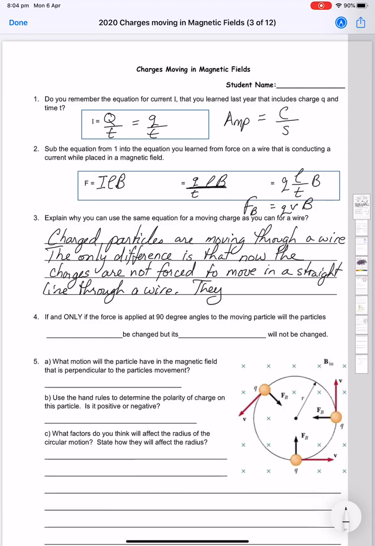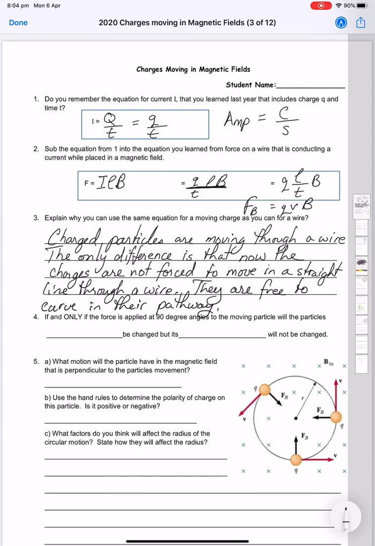They are free to curve in their pathway, or in the path they travel.